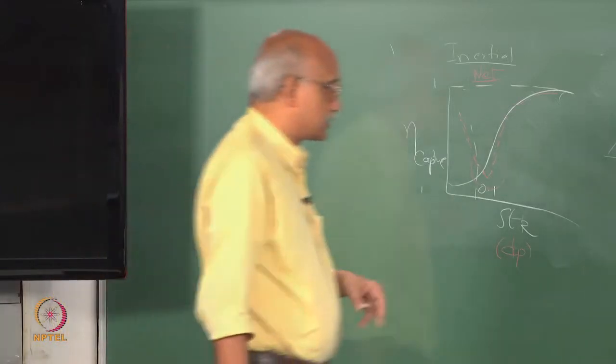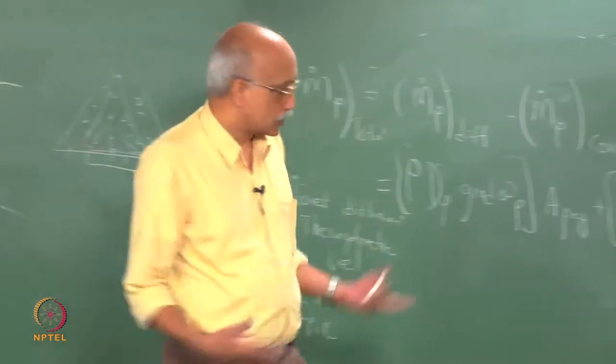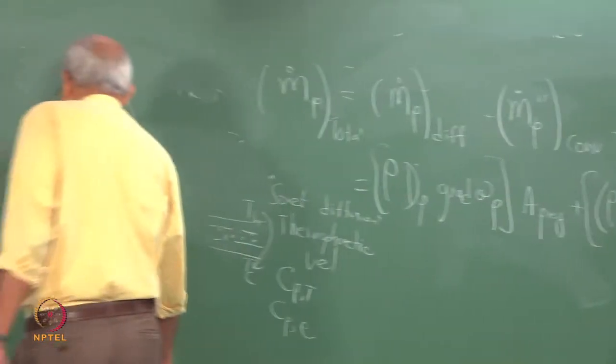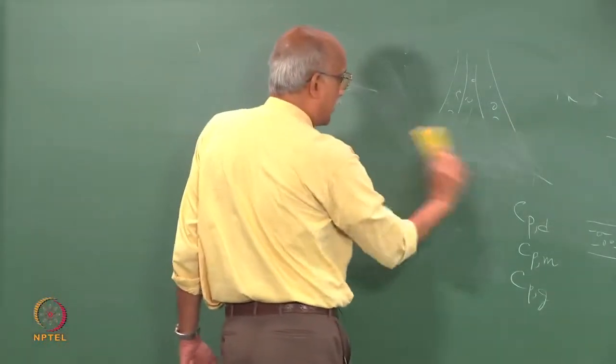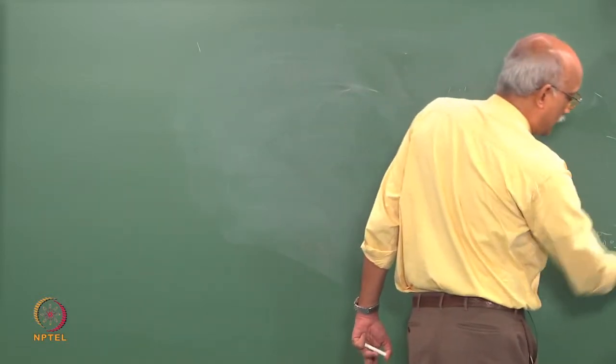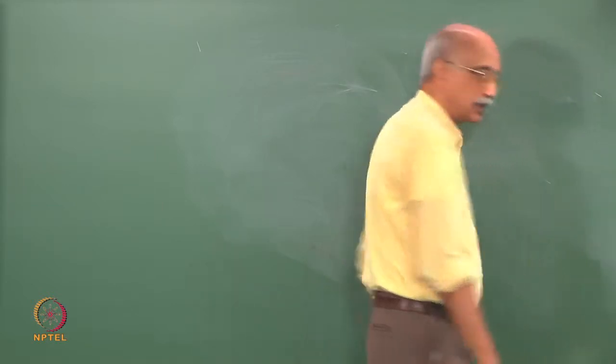And then of course, there is the impaction mass flux, which depends on the Stokes number, as we have seen. How do you represent that? Clearly the mass deposition or mass transport due to impaction has to involve the so called capture efficiency.